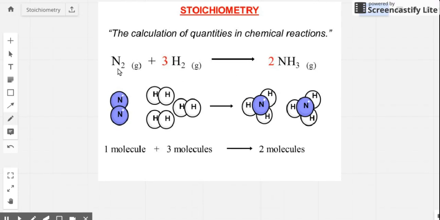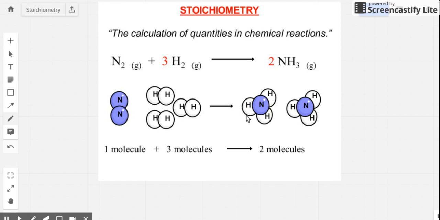So what does it mean? When we have a coefficient of 1 for our N2 gas, that means it needs 1 molecule of N2 gas for every 3 diatomic molecules of H2 gas. Therefore, if you have this many molecules on the reactant side, you will be able to produce 2 molecules of NH3 or ammonia gas.